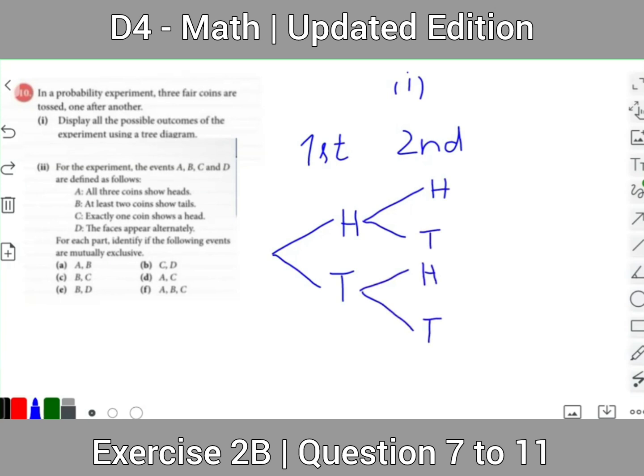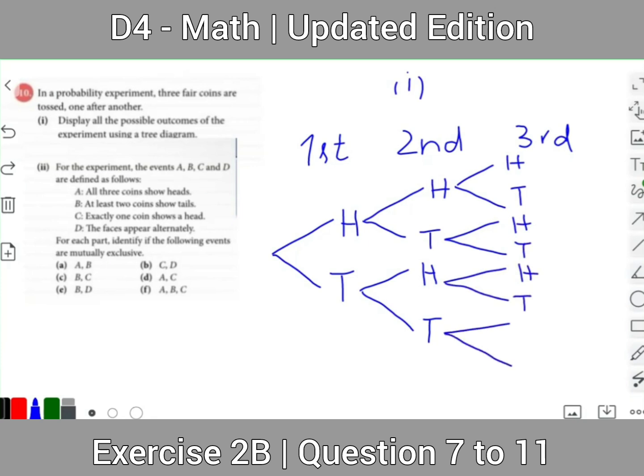And now for the third coin, we will start from the head of the second coin: head, tail, head, tail, and again head, tail, and again head, tail. So here we have 2 cross 2 cross 2 is equal to 8 outcomes for this probability experiment.